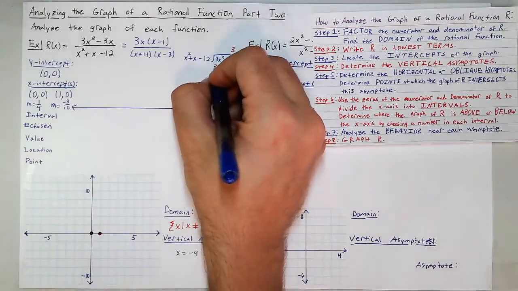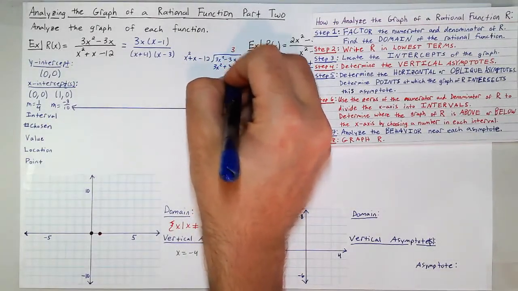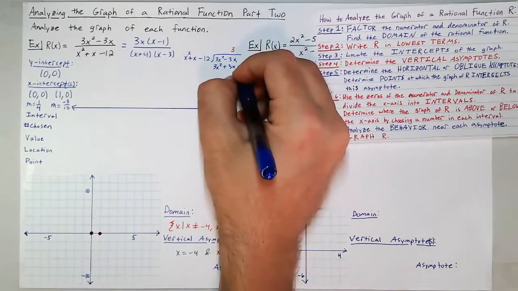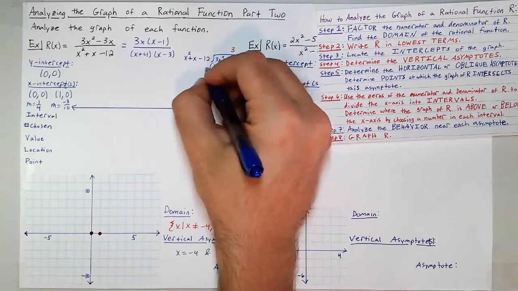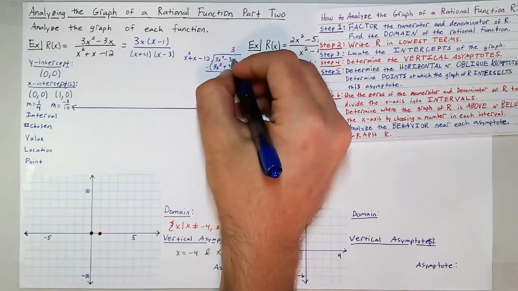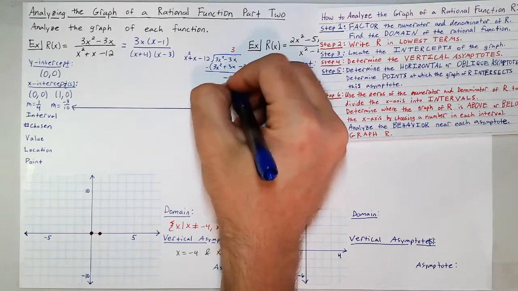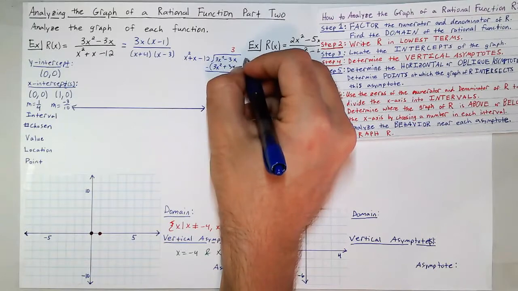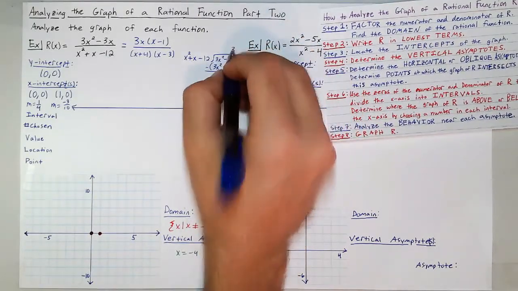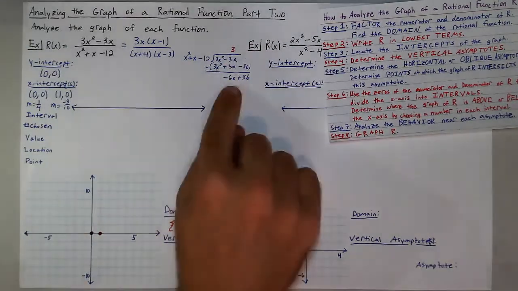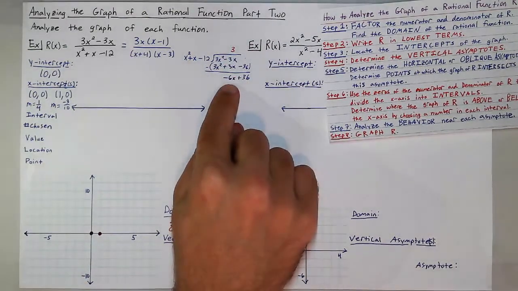So I'll get 3x squared plus 3x minus 36. Then subtract that. I'll get 0. Negative 3x minus 3x is negative 6x. And then 0 minus negative 36 is plus 36. So I get 3 with a remainder of negative 6x plus 36.